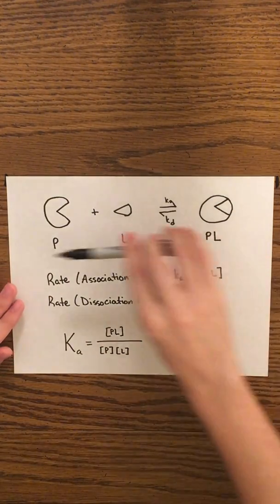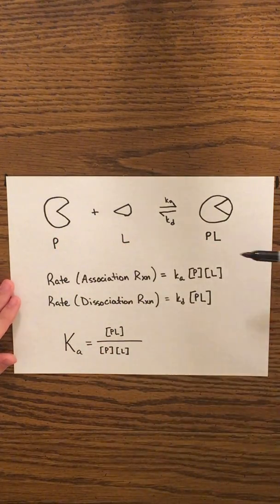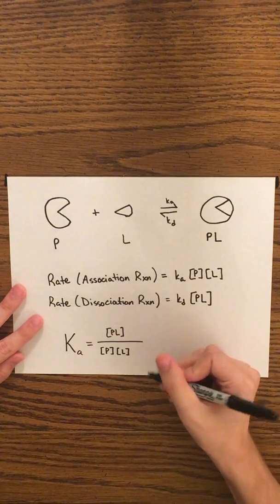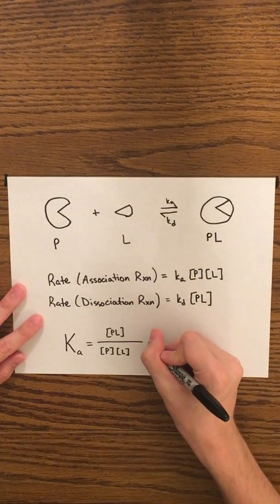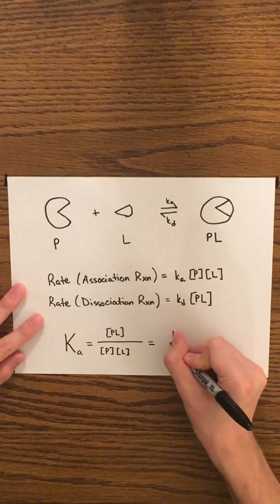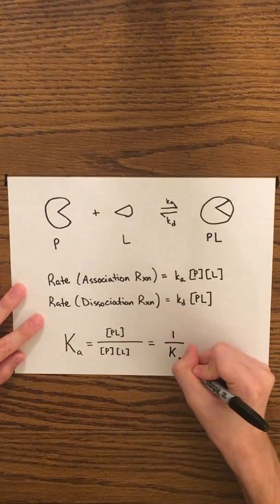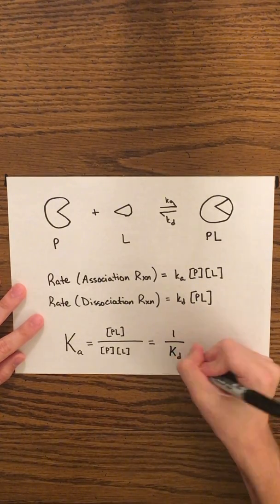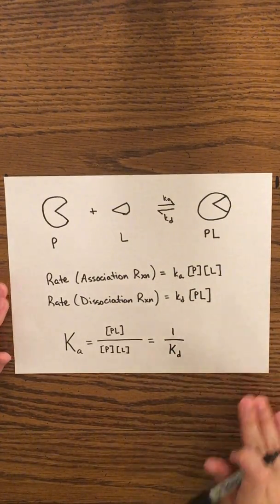If we read it going this way, then we're worried about an equilibrium description of the dissociation, and that is the equilibrium dissociation constant, which is really just the inverse of all this. So that is equal to 1 over, and again, it's equilibrium, so we're going to use capital K's here, capital KD, okay?